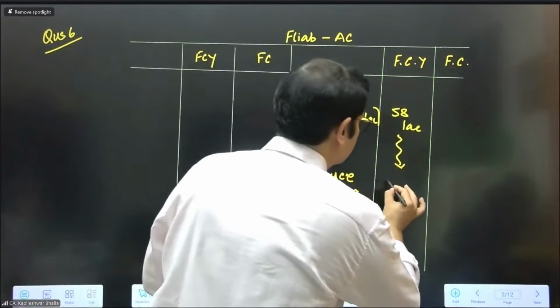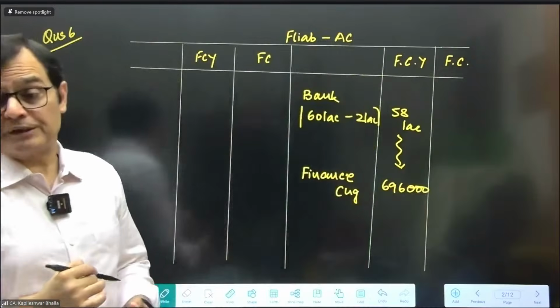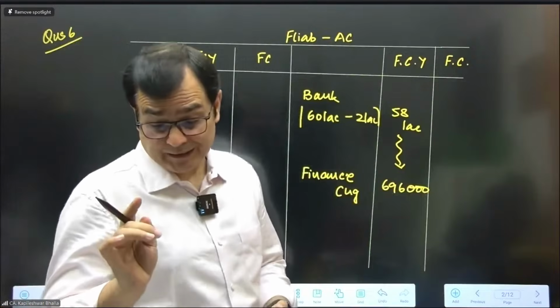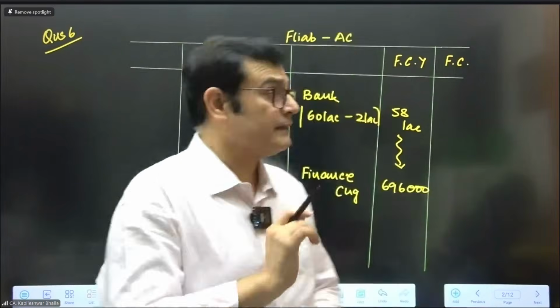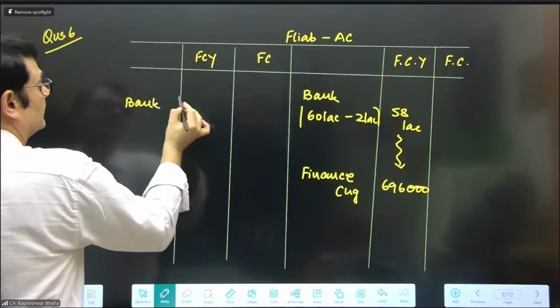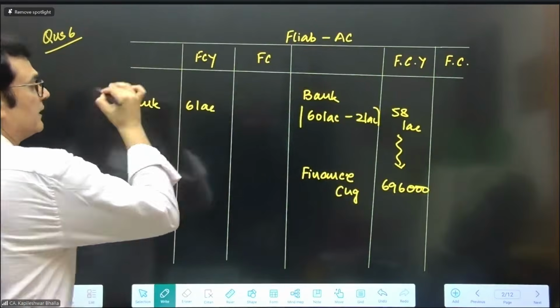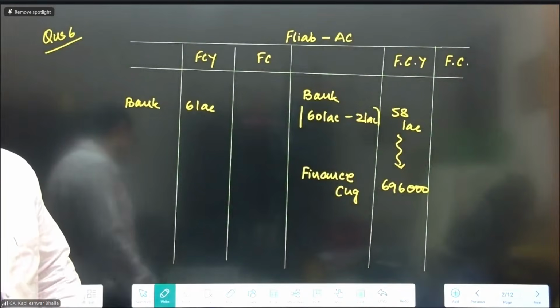That comes to 6,96,000. I'm also instructed in the question that there is an interest payment made at the end of each year, and that is 6 lakh. So this comes on the debit side. The interest is paid in arrears at the end of each year. Pretty simple and straightforward.